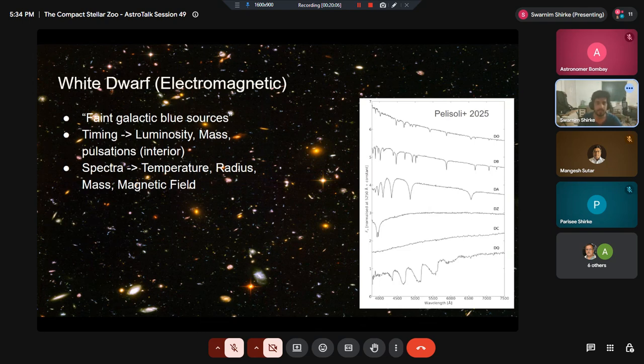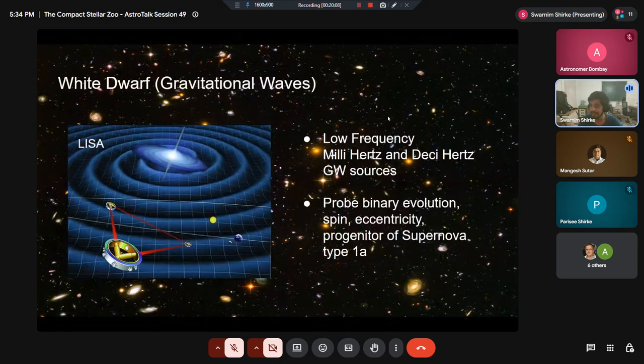On the gravitational wave front, as I discussed, white dwarfs usually fall in the low frequency end, to which we are not sensitive at the moment with the LIGO detectors. But there are detectors being planned in the millihertz and decihertz, like LISA, and also a bunch of programs for decihertz like DECIGO, TianGO, and maybe even on the Indian side.